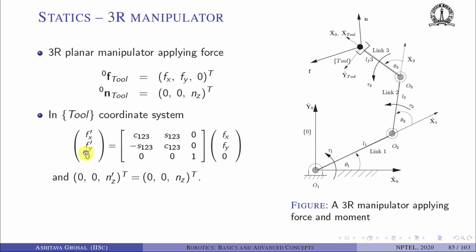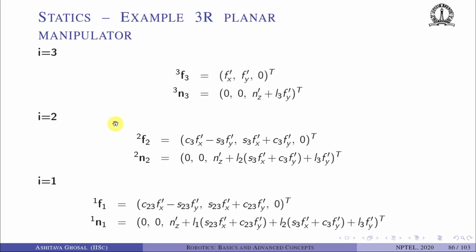Okay, so for i equals 3, we know 4F4, which is Fx prime, Fy prime, 0. So we can compute 3F3. Then for i equals 3, we know what is 4N4. How do I find out 3N3? That is based on this inward recursion formula.